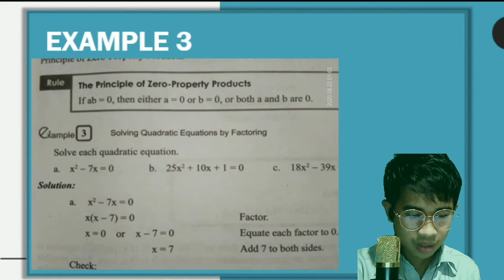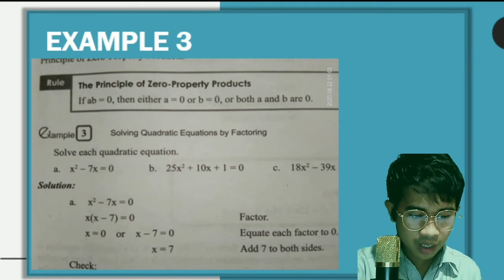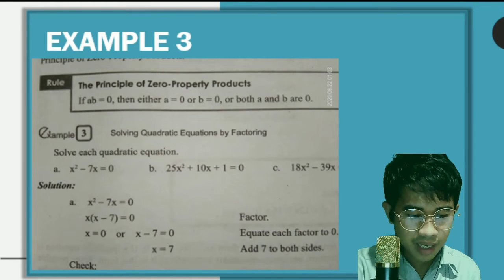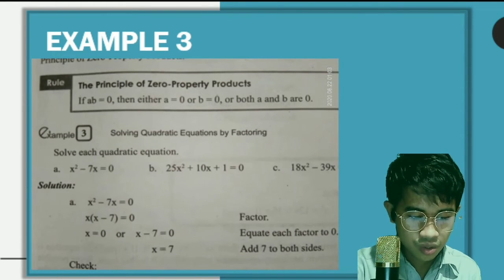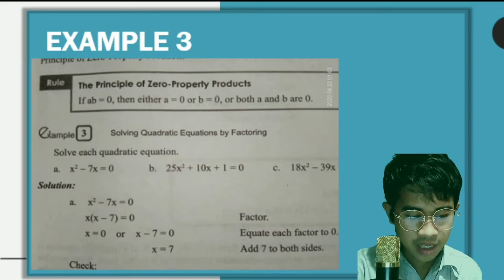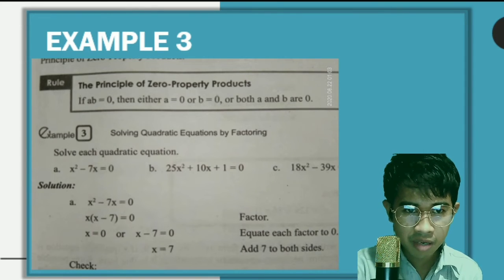So, kung isolve ta ining equation using factoring, kinahanglan naton i-factor ang x squared minus 7x. So, anong factor niya? Ang factor sa x squared is x times x, di ba? Amo na ang ipagwa ta ang x sa parenthesis.